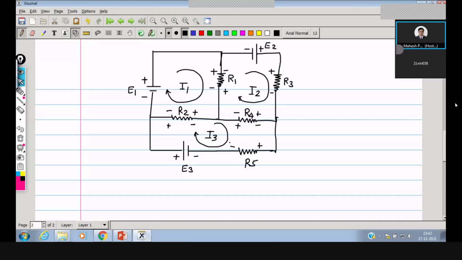So after getting all the sign conventions, now we have to apply the voltage drops, or Kirchhoff's voltage law, in the three different meshes. So you will get three different equations, and you can solve these with a normal solution method.